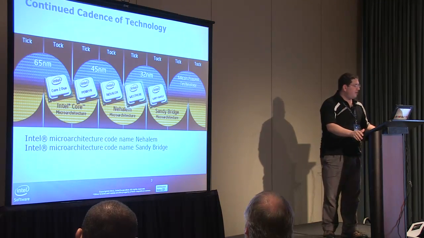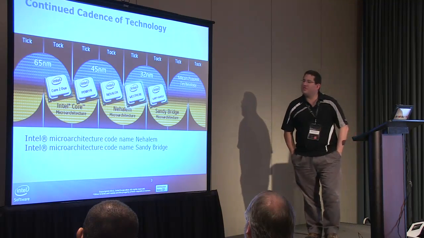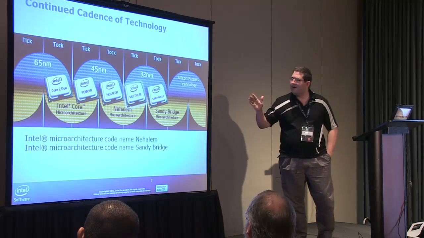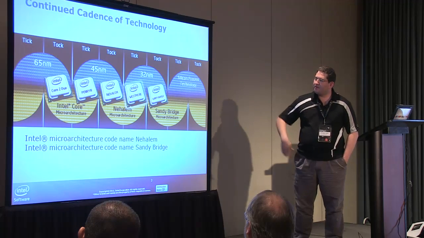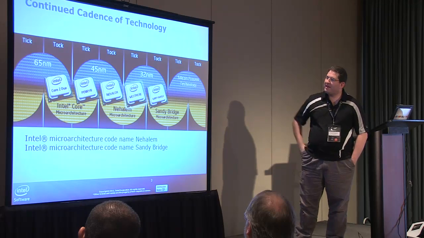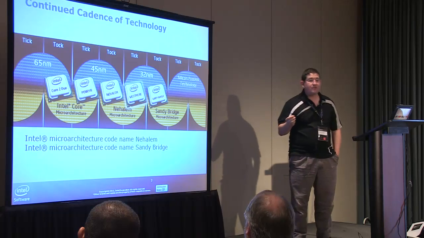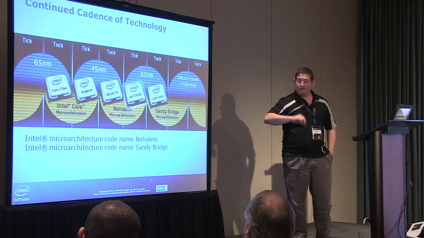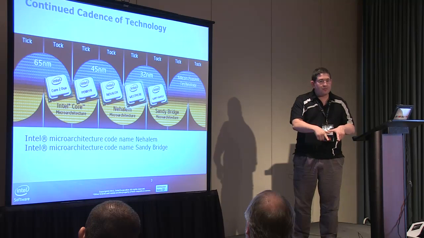So this is a fairly well-known graphic, but it's worth saying again, Intel uses a tick-tock method of microprocessor release management. Starting all the way back with Core 2 Duo, every 6 months, Intel will either redo the microarchitecture of the CPU, and then on the other 6 months, the tock, they shrink the manufacturing process.